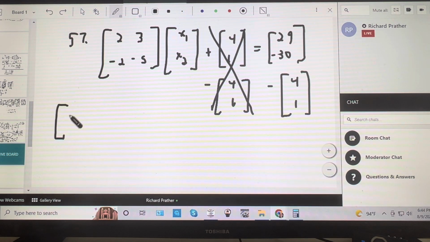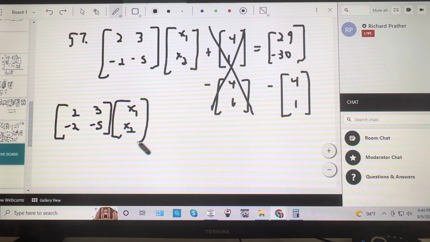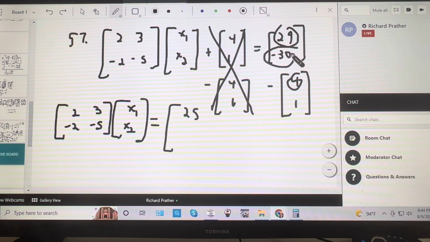So that would leave you with 2, 3, negative 2, negative 5, equals 29 minus 4 is 25, because you just do the similar ones. Negative 30 minus 1, be careful about that. Negative 30 minus 1 is negative 31. And then you could set up two equations, two unknowns, and solve it with substitution or elimination.